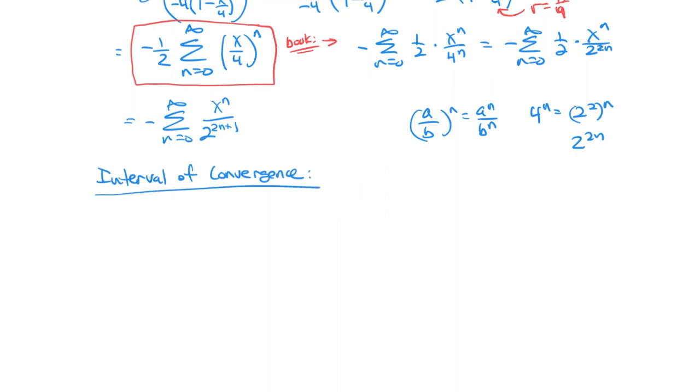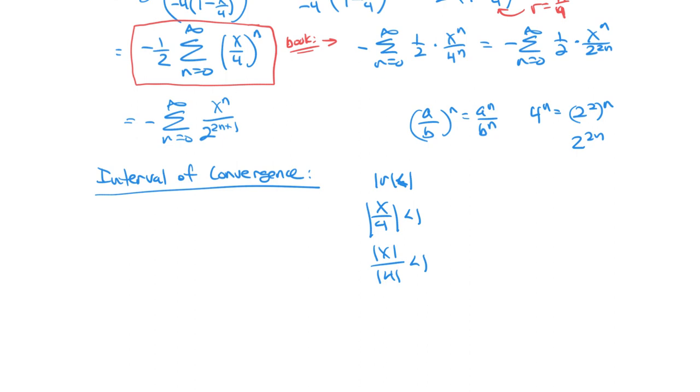Well, it converges when the absolute value of r is less than 1. So in our case, that means the absolute value of x over 4 is less than 1. And for these absolute values, I could write it as the absolute value of x over the absolute value of 4.